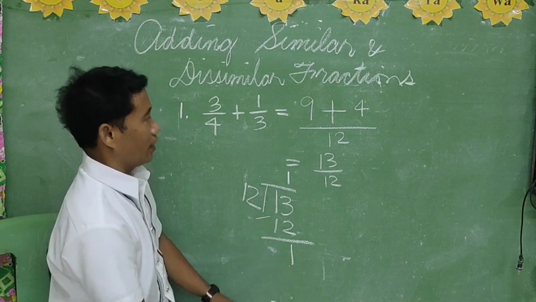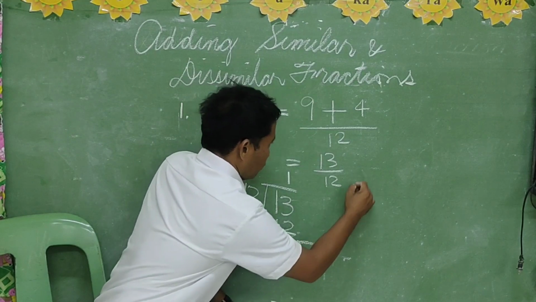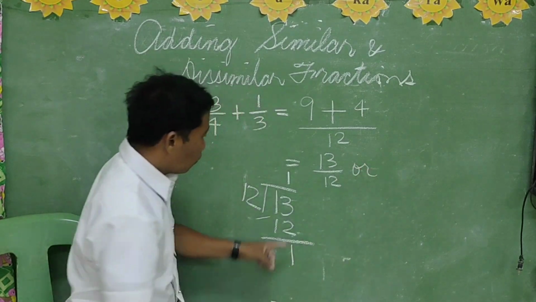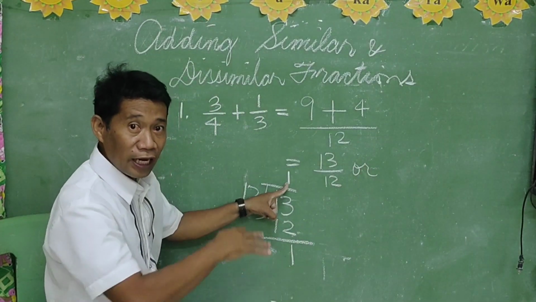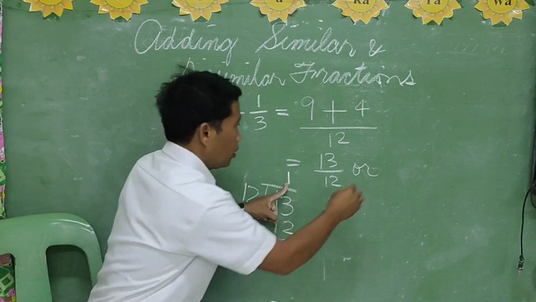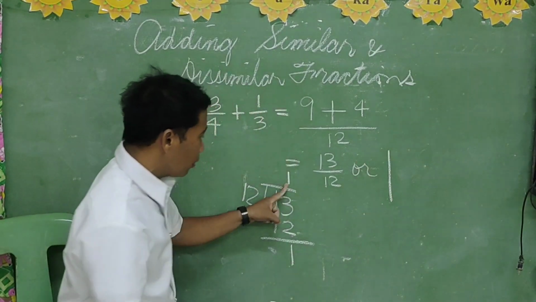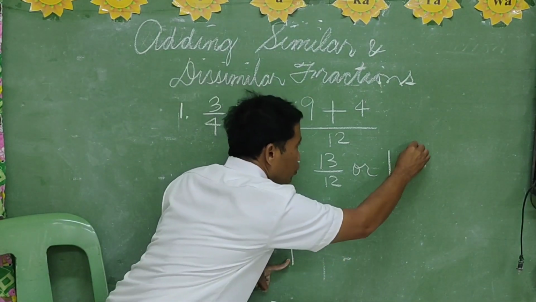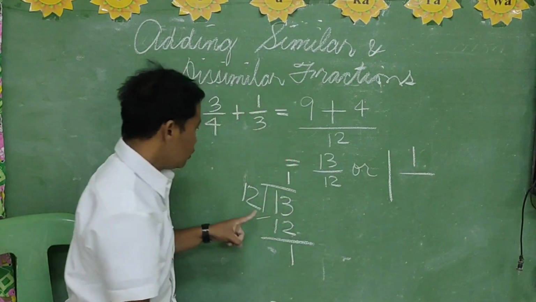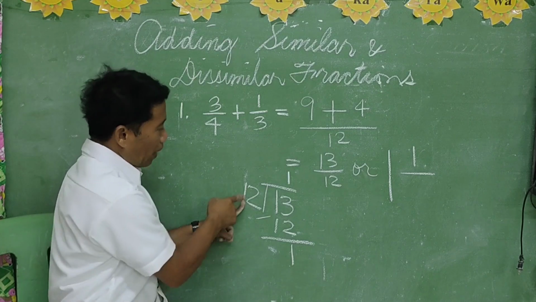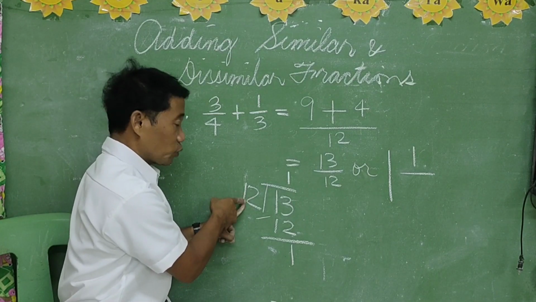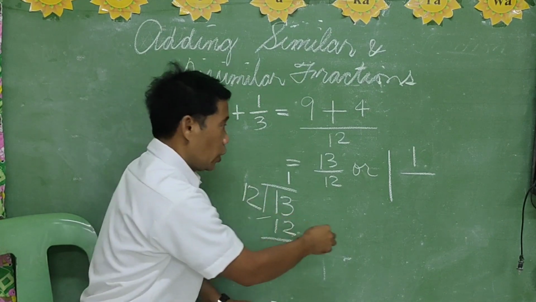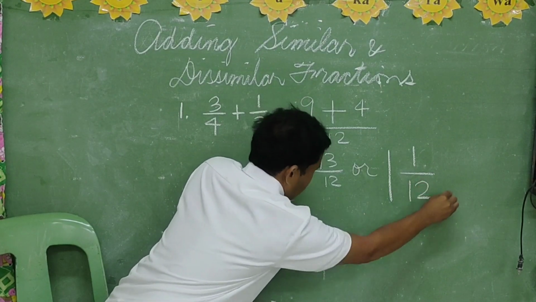So, anong gagawin natin dyan? Kopyahin natin itong nasa ibabaw, the quotient. Use that one as your whole number. And this one here, gagawin natin yung numerator. And this one here, yung divisor natin, we are going to use this one as your denominator.